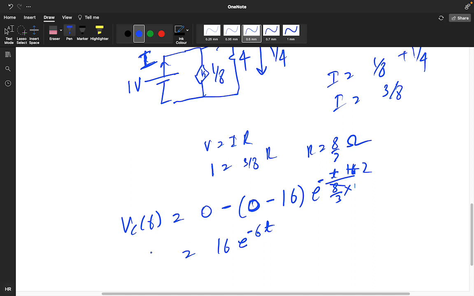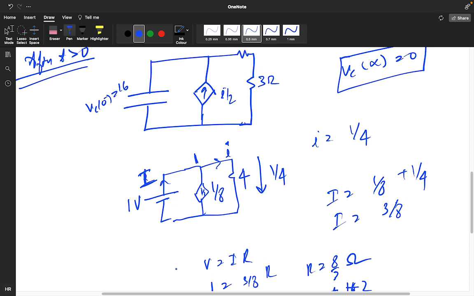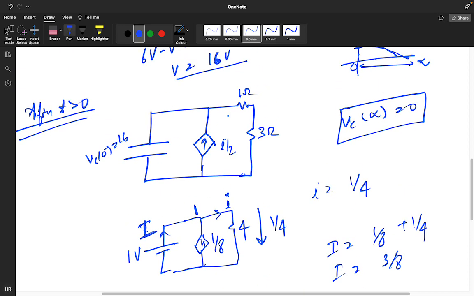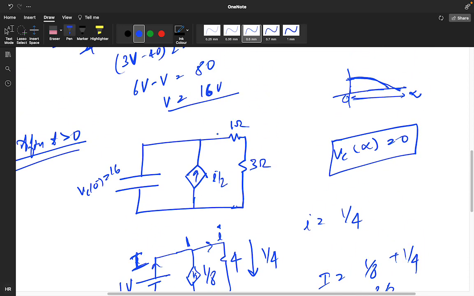Okay. How did we get that 1 by 8? Where? I value is 1 by 8. See, this particular value is I by 8. I by 2. And what is the value of I we got?